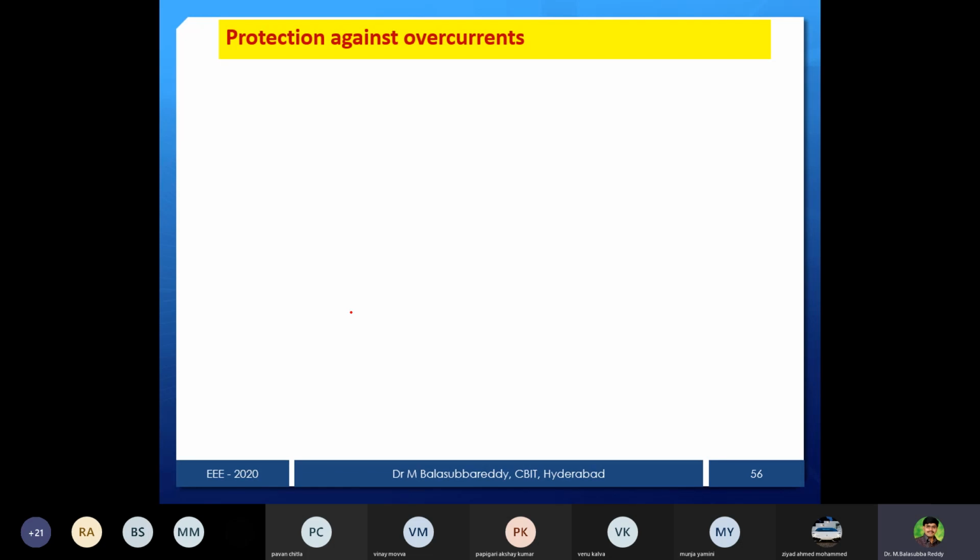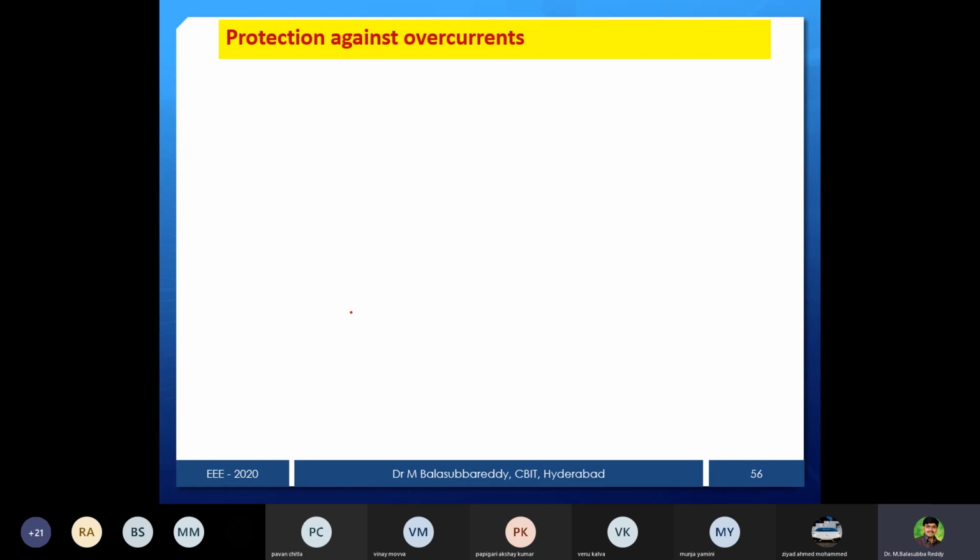These are the topics you need to cover in our fourth unit. The syllabus mentions only protection against overvoltage, but there is a small topic on overcurrent also, which is why I am mentioning overcurrent as well.